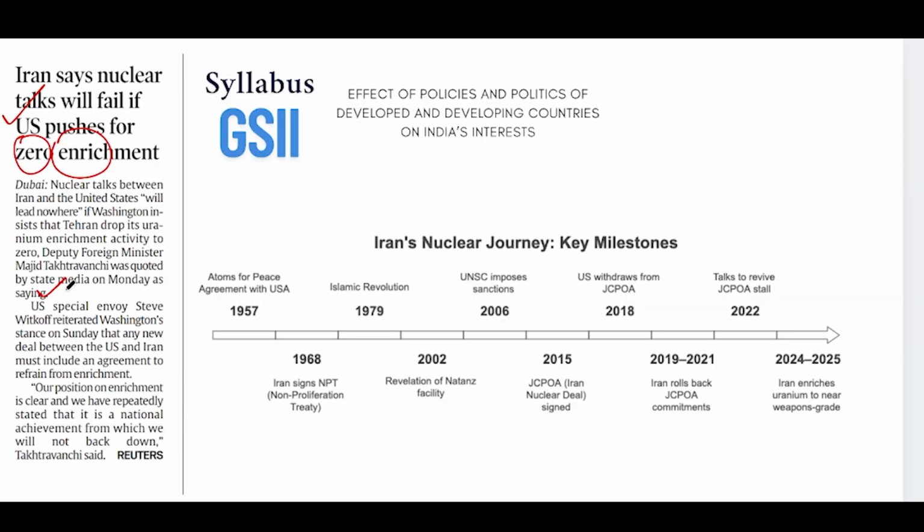That is a long drawn process which involves a lot of technological intervention and development. And that is why, going back to 1957, Iran's nuclear journey began with the help of the US itself under the Eisenhower program, the Atoms for Peace agreement with the USA. What an irony.